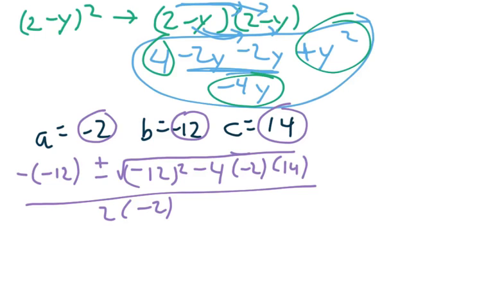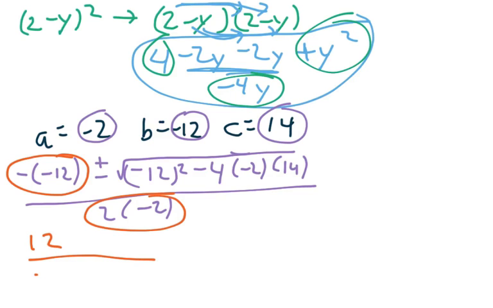Okay, now I got to do some math. Okay, so I know -12, of course, is +12. 2 times -2 is -4. There is that plus or minus. Now I'm going to do this whole radical, guys, on my calculator, okay?